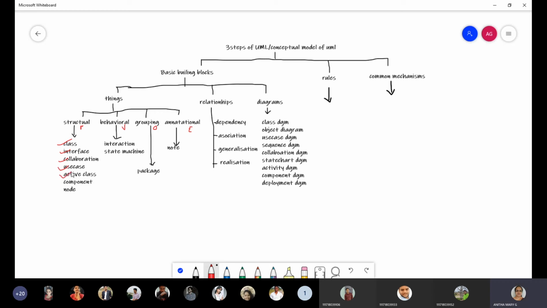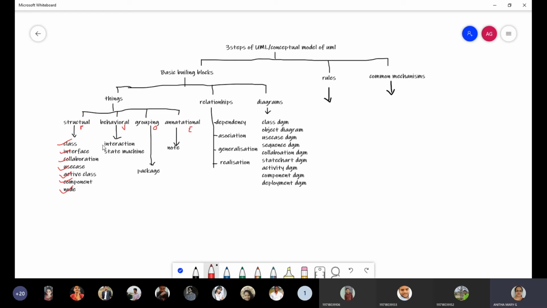Interface is a circle. An active class is just like a class, but the outer boundary has solid lines. Component is a two-tabbed folder, and node is a cube.